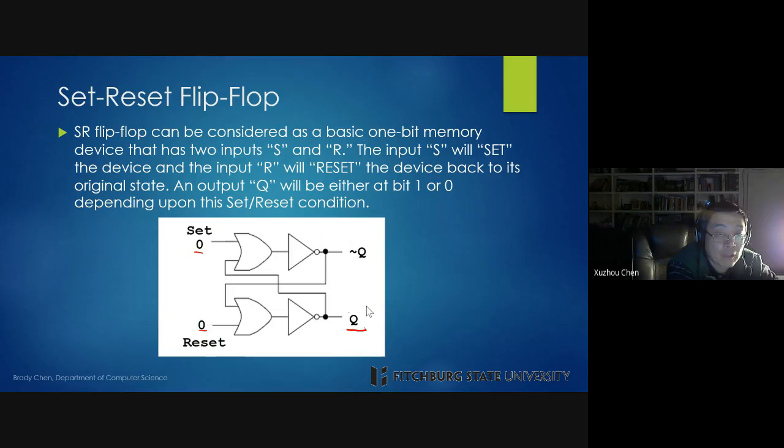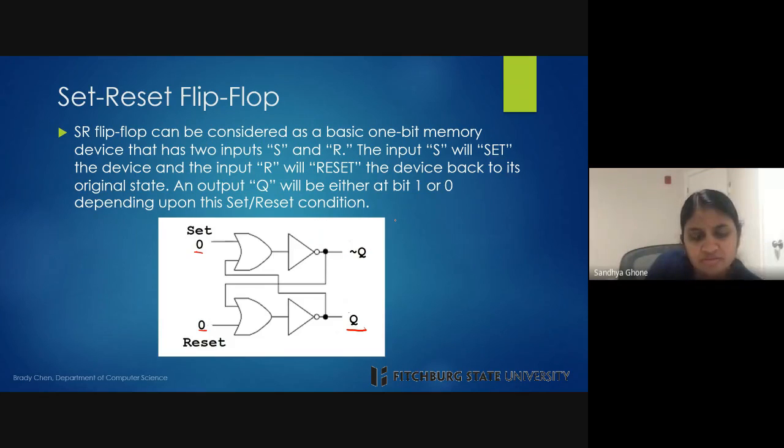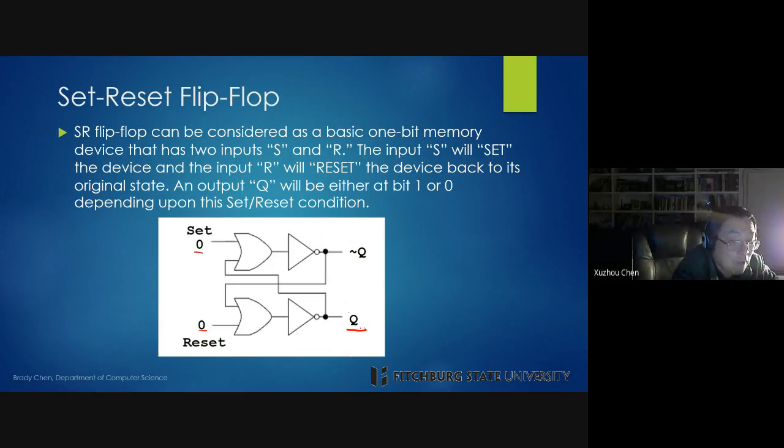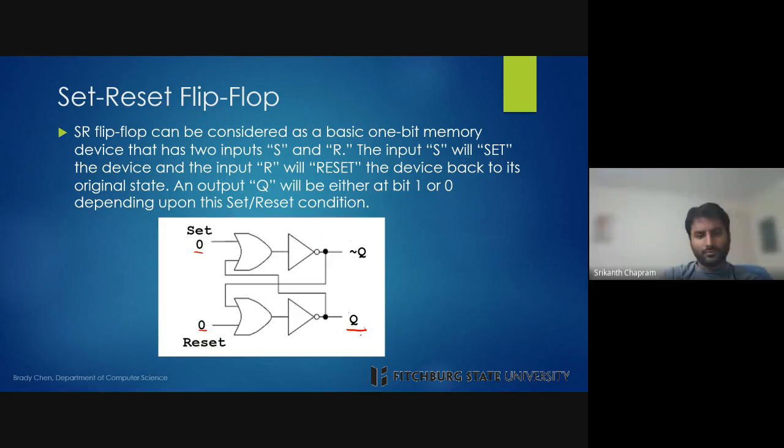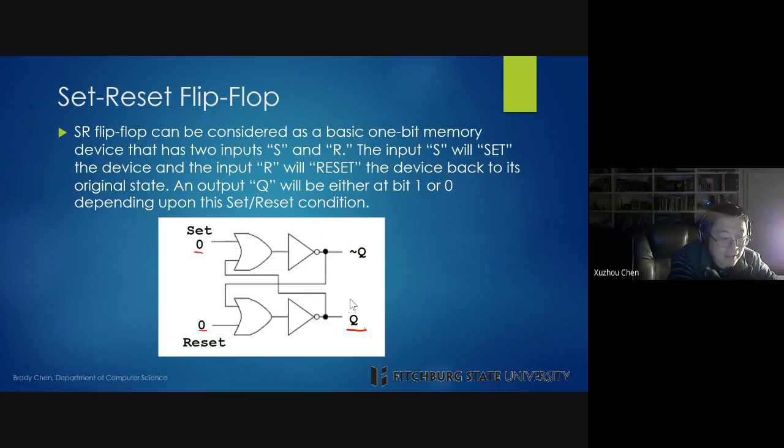Can we decide what the output value is, whether it's Q or the negation of Q? I think we cannot tell, because it's a deadlock. Without a Q input, we cannot solve the circuit. So it's hard to say.